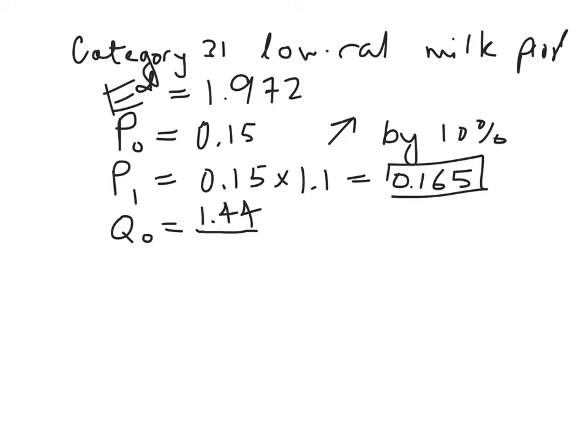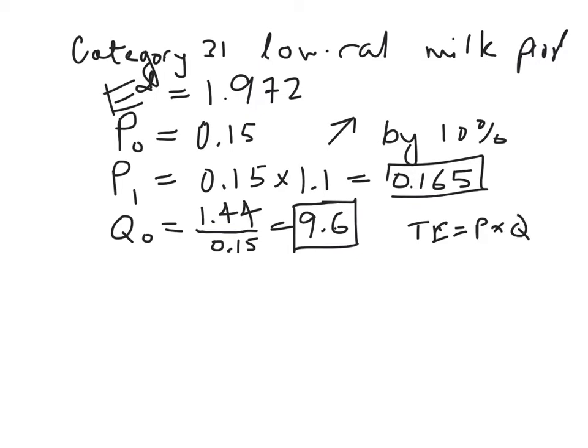So if the price of each 100 grams was 15 cents, then I can divide the total expenditure by the price to get quantity. So when I do that, I get the initial quantity of 9.6. So you had to do some work to get that. Not much work, but the relationship I'm working with is that total expenditure is equal to the price of the good times the quantity consumed. If I buy 10 pizzas at $20 a pizza, I'm spending $200 on pizza.